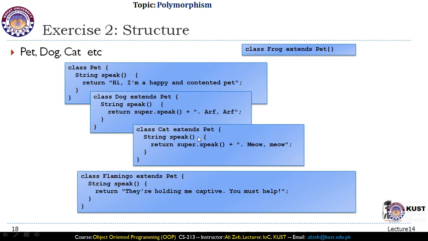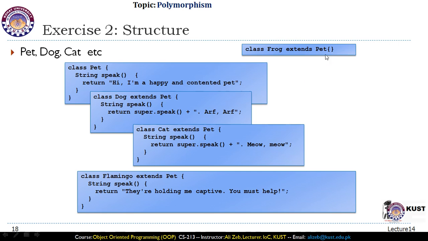Similarly, the cat class overrides the speak method and also adds to it, and the flamingo class extends the pet class and overrides the method with its own implementation.